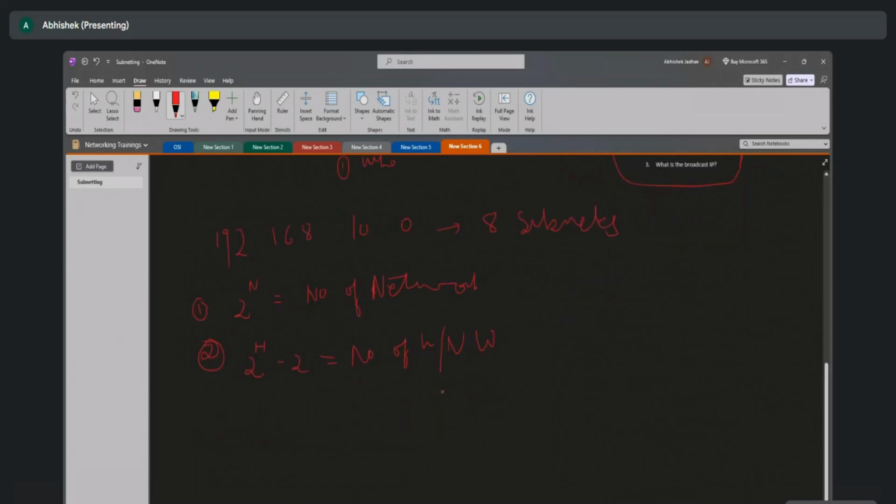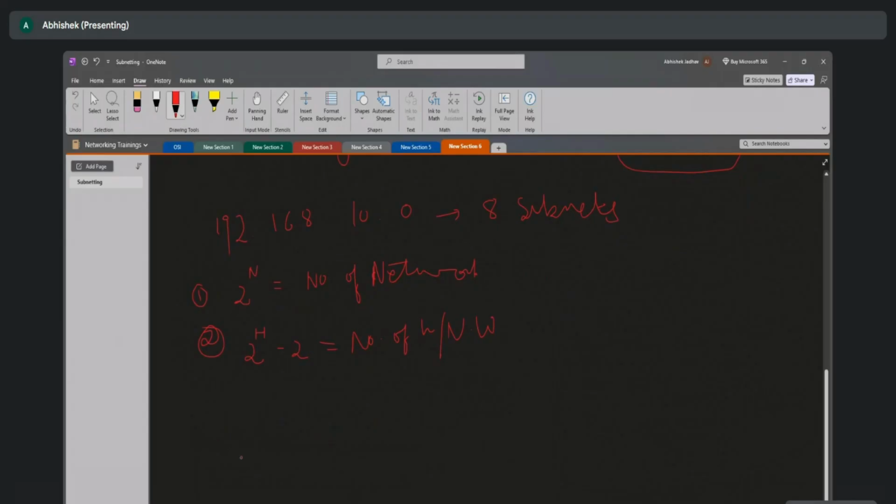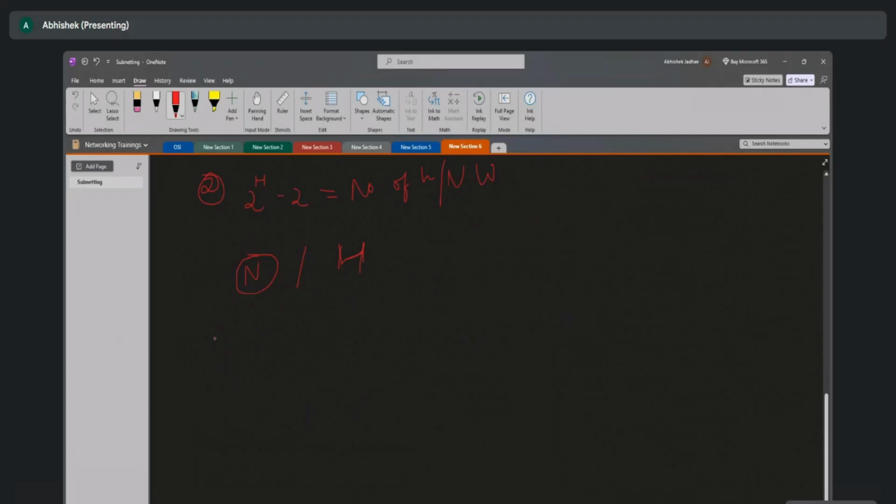Right? Let me differentiate things here and make it simple. What is network and what is host? Basically, a network is nothing but an identifier for the hosts to communicate within that network only.